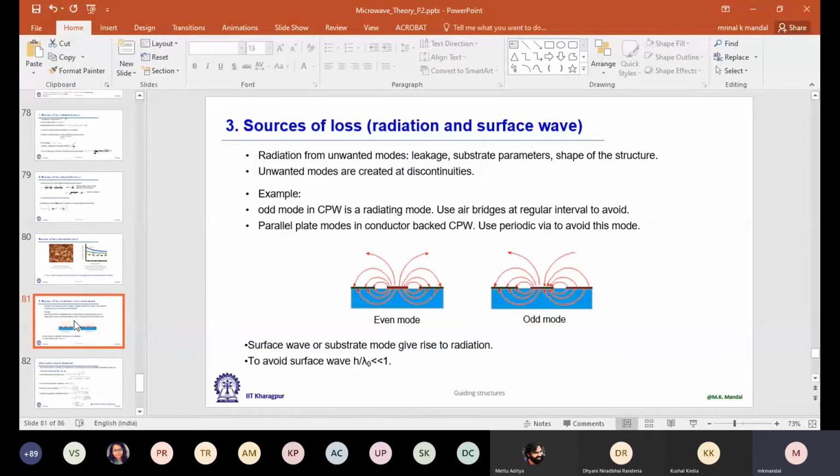Then if we use some metal via for ground connection, if we use some open stub, if we introduce some junction like a cross junction or T junction, let's say for a power divider, one line is coming that is connected to the input RF source, and on the output side it can be two or more than 2 lines. So we have a junction there.